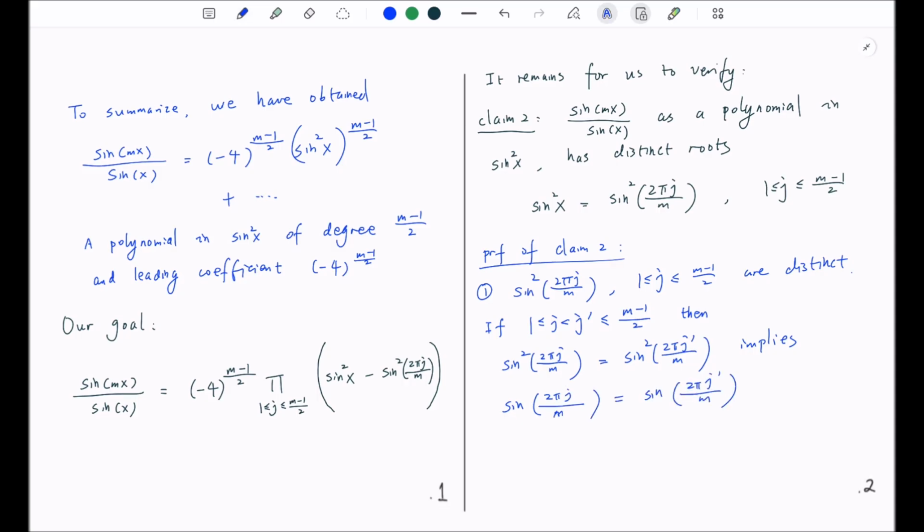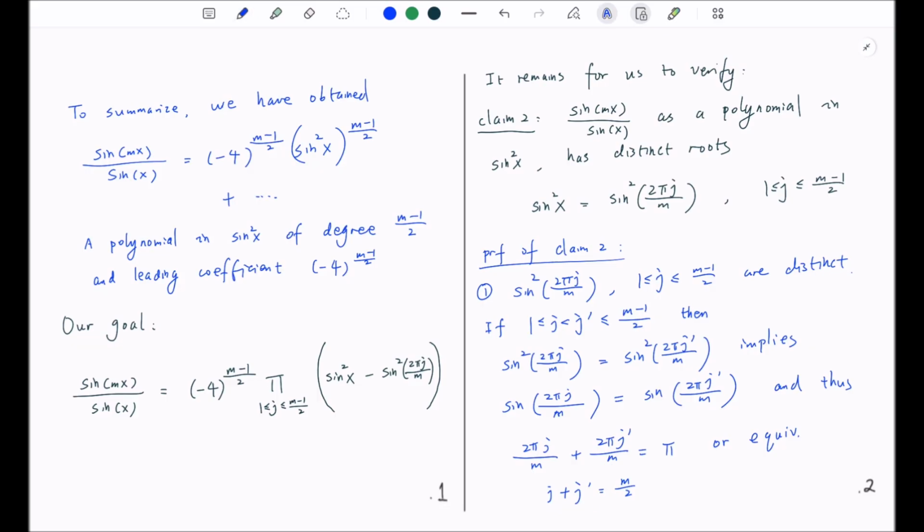And because those angles are between 0 and pi, and j and j prime are not equal, the only case for these two to be equal is when their sum is equal to pi. Or equivalently, j plus j prime is equal to m divided by 2.